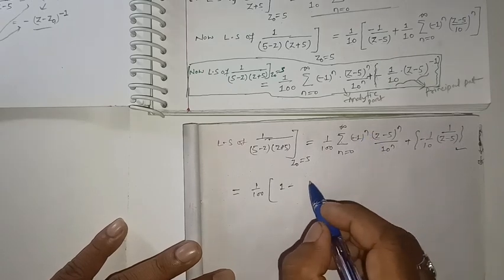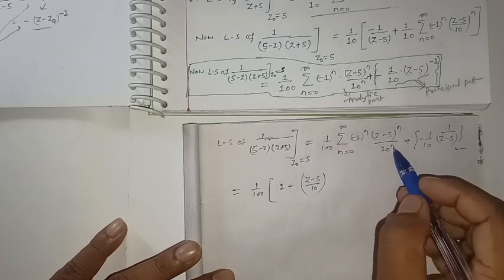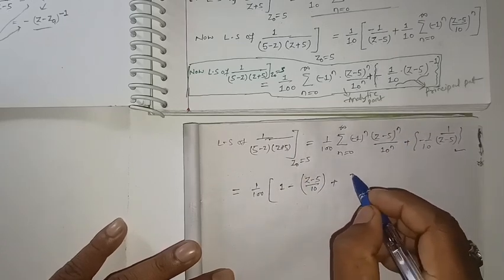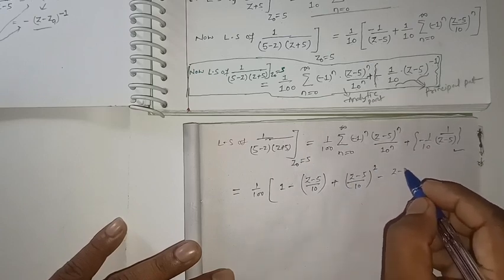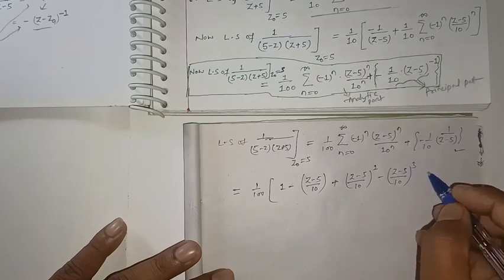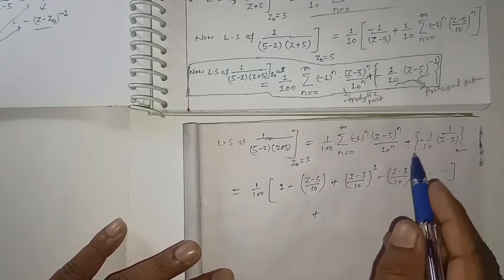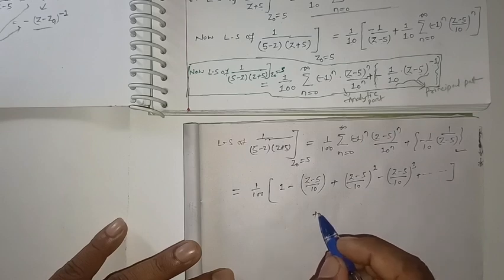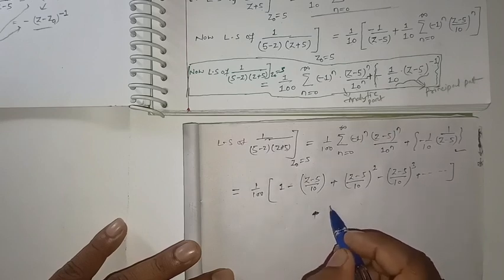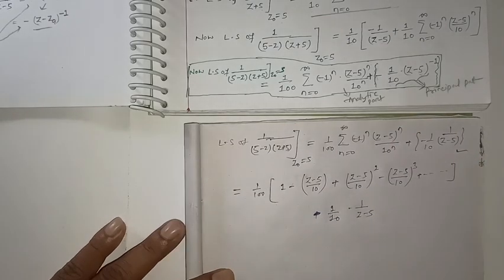N equal to 1 means this will be minus (z - 5) by 10. If n equal to 1, that is (z - 5) by 10, plus ((z - 5) by 10)^2, minus ((z - 5) by 10)^3, plus so on, and this minus is there, so this will be minus 1 by 10 into 1 by (z - 5), right?